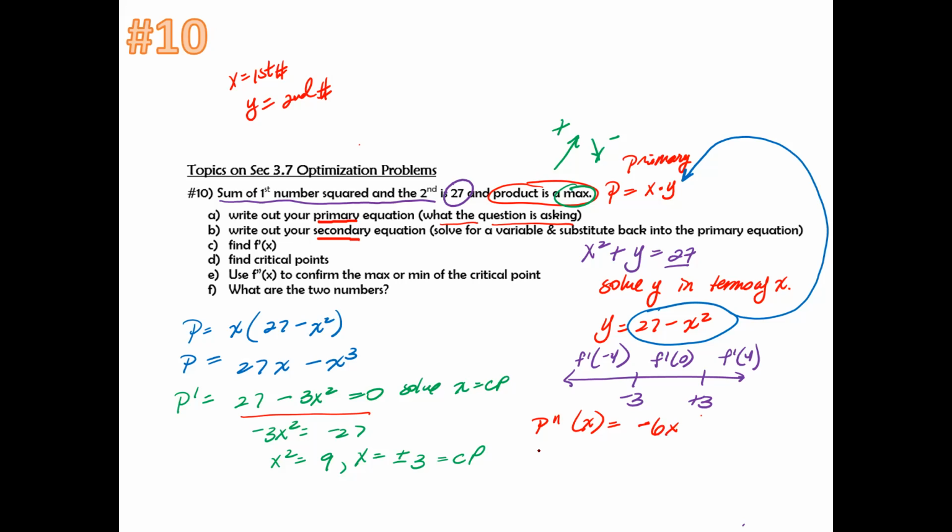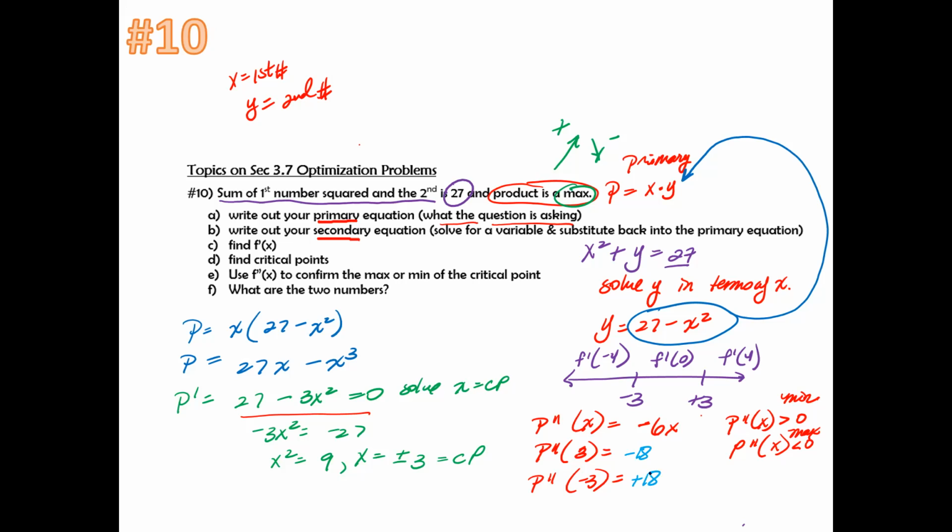Okay, and so then if I were to go ahead and plug in a positive 3 and the negative 3, remember the rule is that if p double prime of x is greater than 0, then it's actually not a max, it's a min, because remember it's kind of reversed. And then if p double prime of x is less than 0, it's actually a max. So they are reversed. Okay, so this is actually pretty simple to do because negative 6 times 3 is a negative 18. Negative 3 times negative 6 is a positive 18.